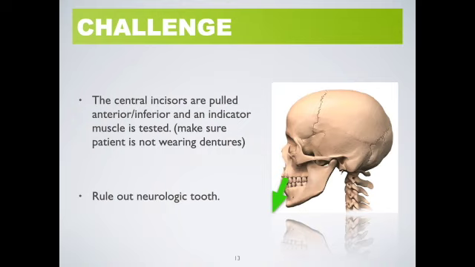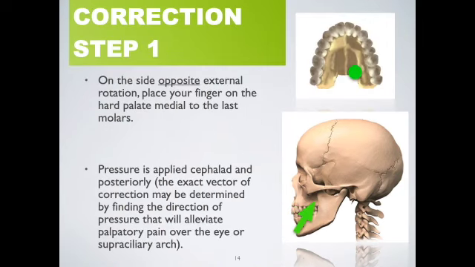Honestly, I don't find neurologic teeth in the front too much. I have, but it's pretty rare. I find them in the molars all the time, in the premolars. So that's the challenge. Now, how do we correct it?